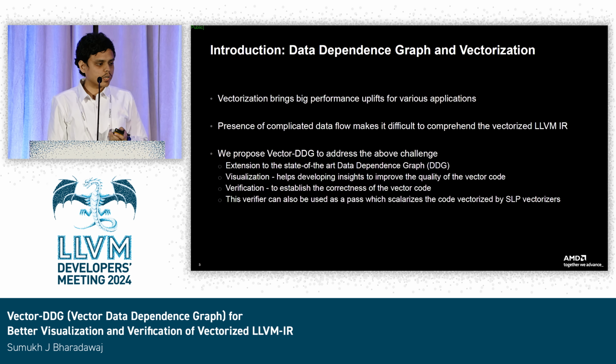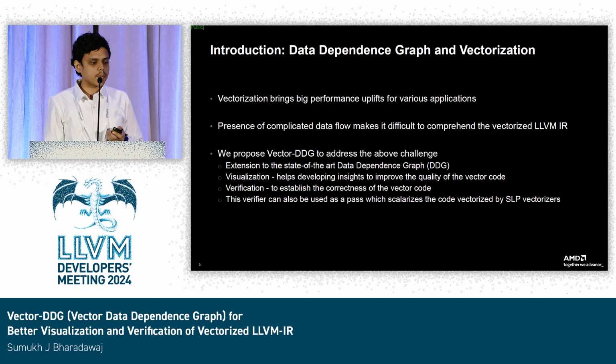As we all know, vectorization is an efficient technique which brings great performance improvement and takes advantage of performing the same operation on multiple data elements simultaneously. However, visualizing the same vectorization in the form of a data dependence graph could be a difficult process due to the modification of the data flow as well as presence of vector lanes due to the parallelization that is being performed here.